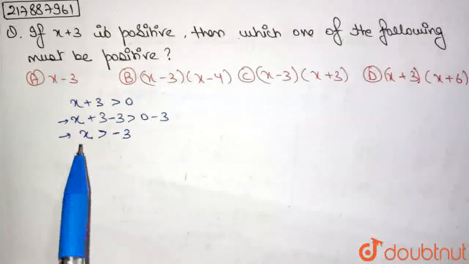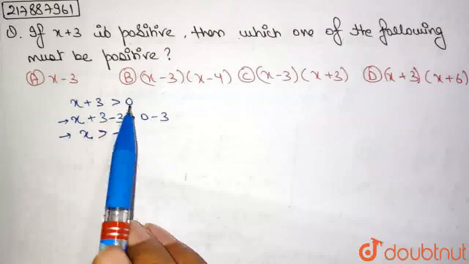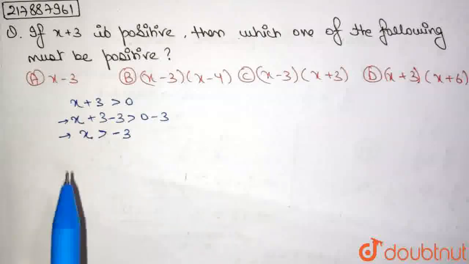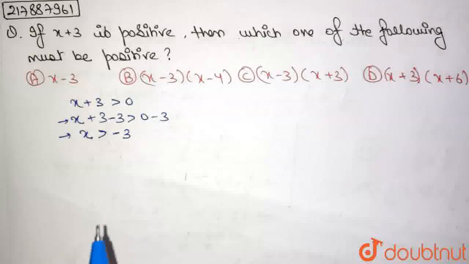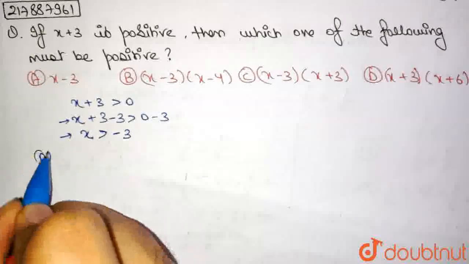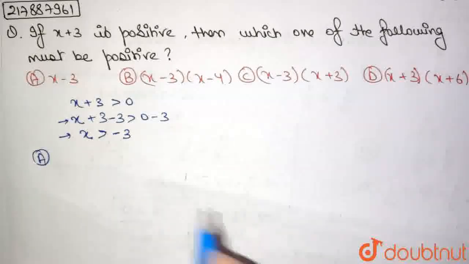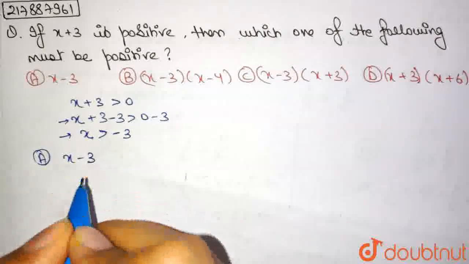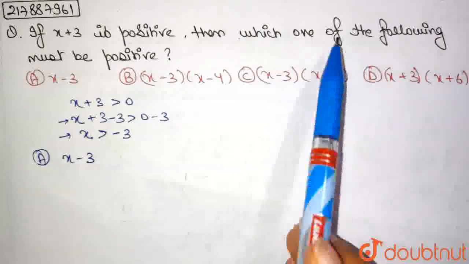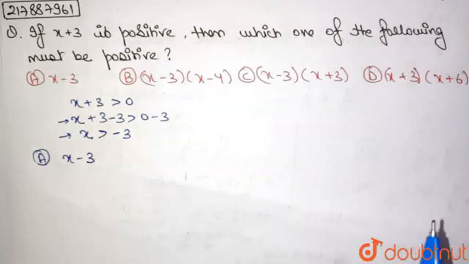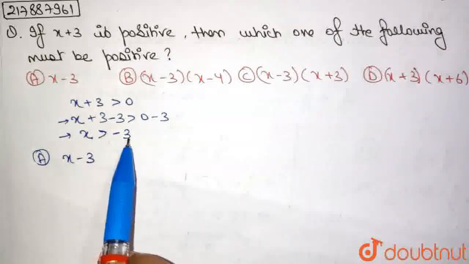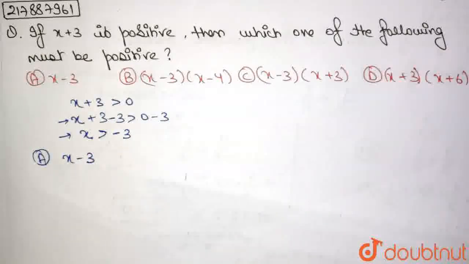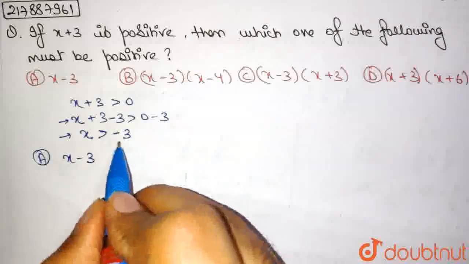Now, since we have obtained the condition on x for x plus 3 to be positive, we will check each of the options one by one. If I check for option A, it says x minus 3. The question says which of the following must be positive. So if x is greater than minus 3, I can take values greater than minus 3.